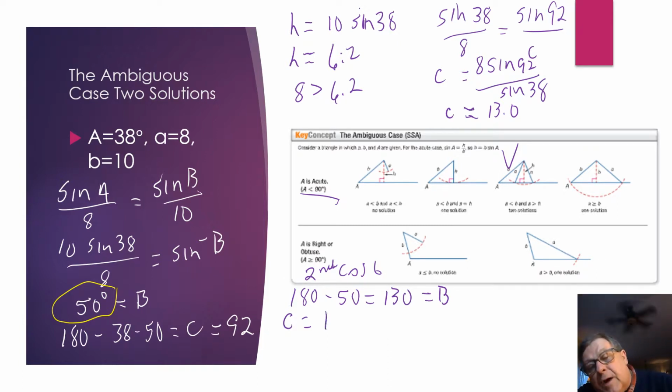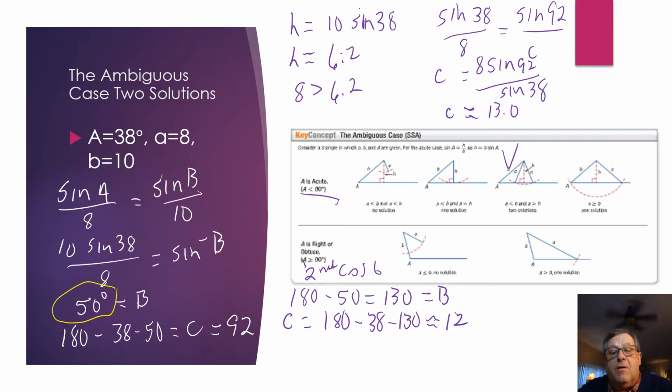This time we'd have 180 minus 38, that was angle A, that's not changed, minus 130. So angle C is going to be approximately 180 minus 38 minus 130, 12. So C could also be 12 degrees.